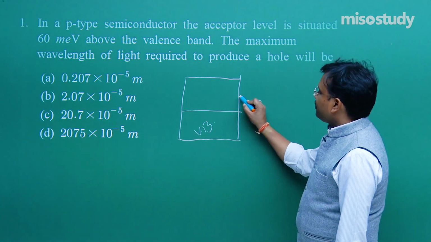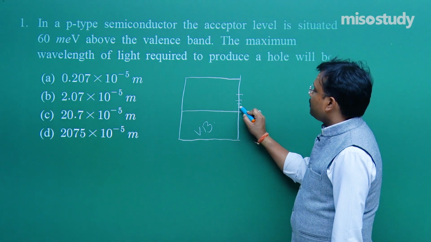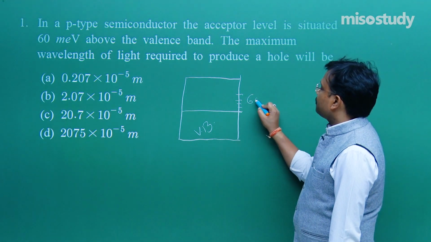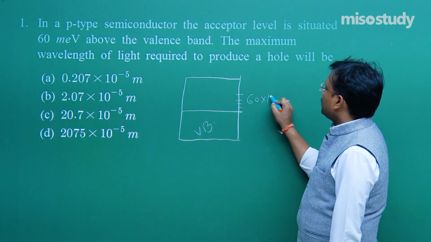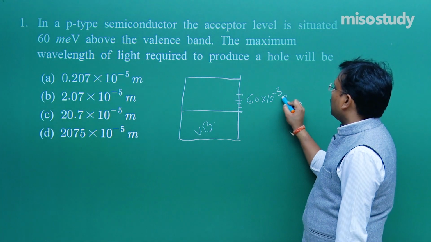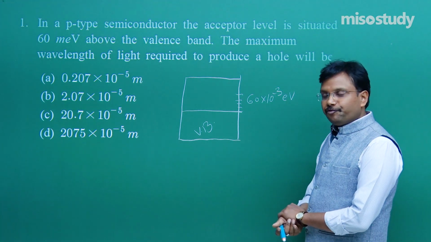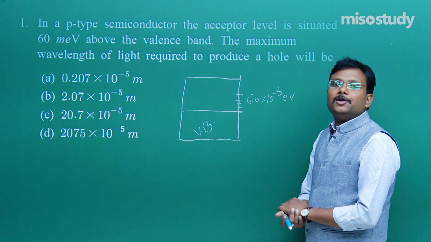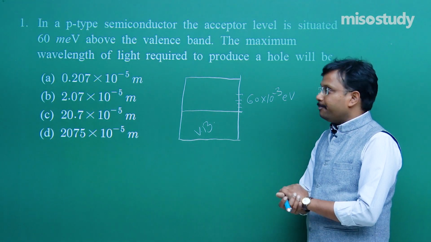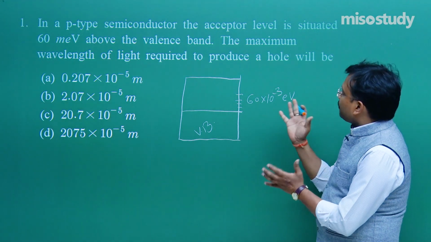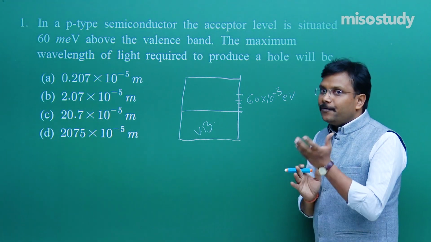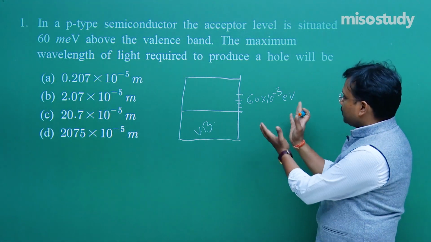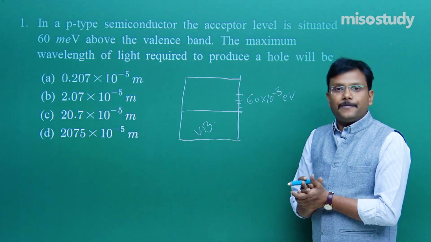So basically the energy gap is given, that is 60 into 10 to the power minus 3 electron volt. We can convert it into joule by multiplying it with 1.6 into 10 to the power minus 19 coulomb. We are supposed to find out the wavelength associated with this particular energy value.